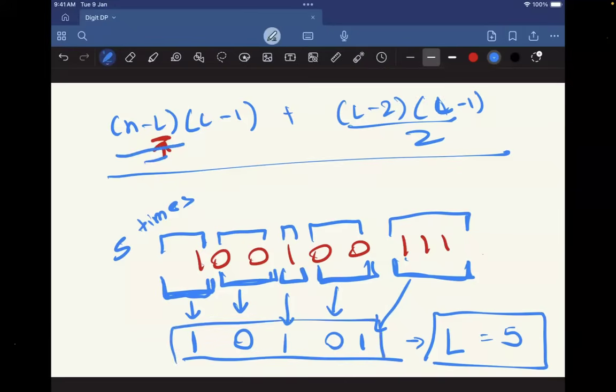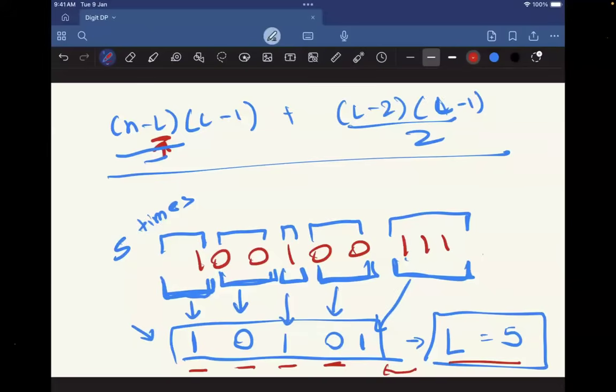Okay. Yes, sir. And what about that L minus 1? So if my length is L, what is the k of this string currently? It is 4, right? Yes, sir. So if length is 5, if L is 5, what is the k?